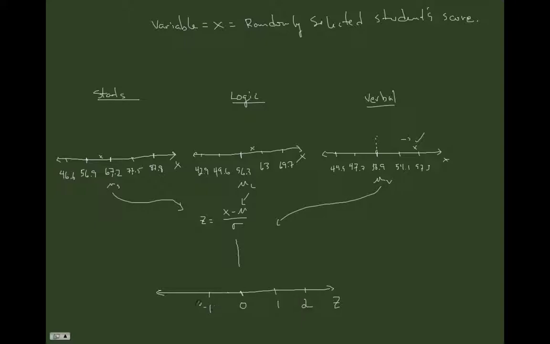Because the transformed variables are going to have a mean that is 0 and a standard deviation that's 1, and that comes from the previous definition, the definition of a linear transformation. And so now notice that the three different x's I put on the three different axes can all go on the same axis. Negative 0.41 is right about here, negative 0.7 is right about there, and negative 1.9 is right about there.